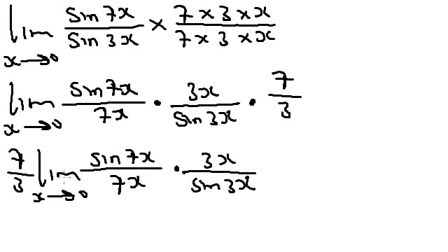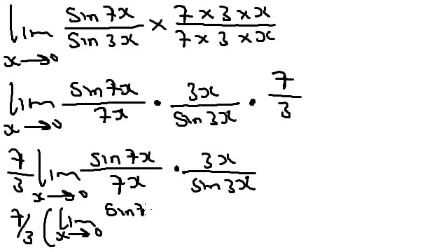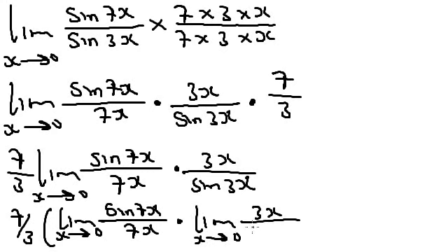Now from the properties of limits, we can distribute the limit to the two expressions. So therefore we can have 7 by 3, which I'm going to put within parentheses, multiplied by the limit as x approaches 0 of sine 7x all divided by 7x, multiplied by the limit as x approaches 0 of 3x all divided by sine 3x.